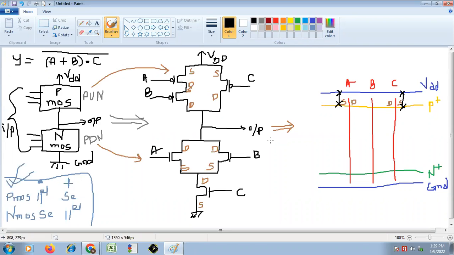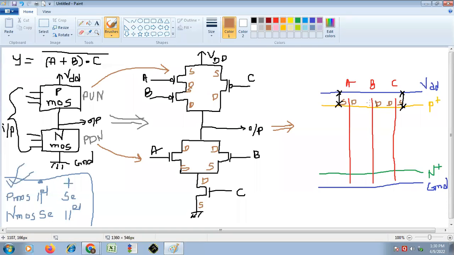Now, where we are taking output, the output we have connected from the drain of B and the drain of C. So this is the drain of C, so we will make the drain here common.